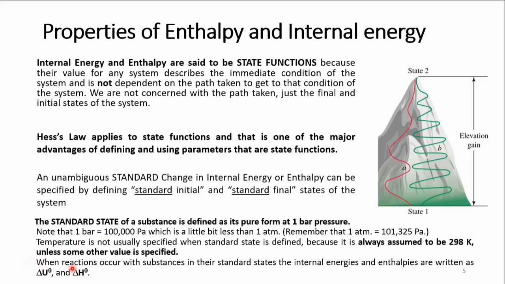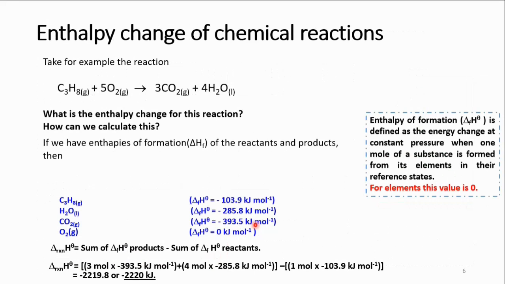And so if we're talking about standard internal energy change, the symbol delta U normally has a superscript theta on it, as seen here. If we're talking about standard enthalpy change, then the symbol normally has that superscript theta on it. That's important because we want to make use of this property, this state function.